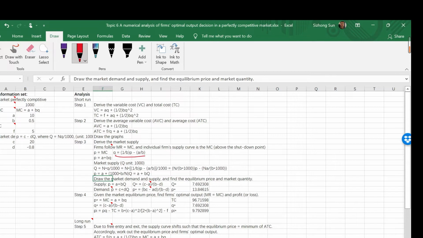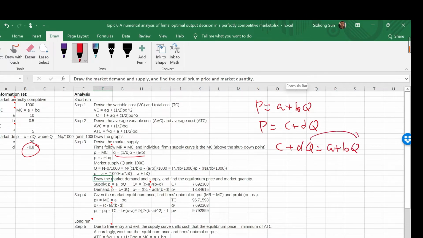So we have supply A plus BQ, demand C plus DQ. And now here you should know that D is actually negative. Okay, so let's equate them. So C plus DQ is equal to A plus BQ.